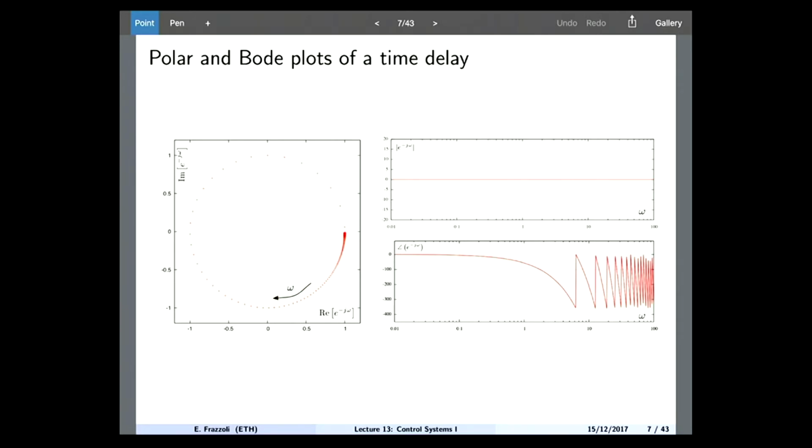What happens on the Bode plot? Well, the magnitude is always 1, that is 0 dB, so it's just a straight horizontal line. The phase is linearly decreasing with omega. However, since we are displaying omega on a logarithmic scale, the phase will actually go down as an exponential.